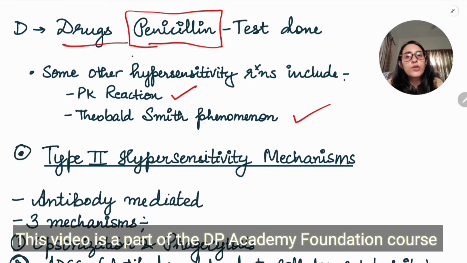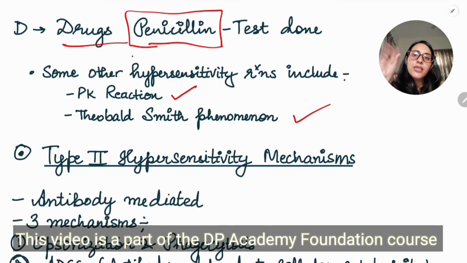Then we have CD4 T cell, which is also known as T helper cell. We have type 2 T helper cell that releases interleukin 4, 5, and 13, and that is going to play a role in type 1 hypersensitivity, because interleukin 4 plays a role in isotype switching, so it will cause the B cell to produce all the immunoglobulin.